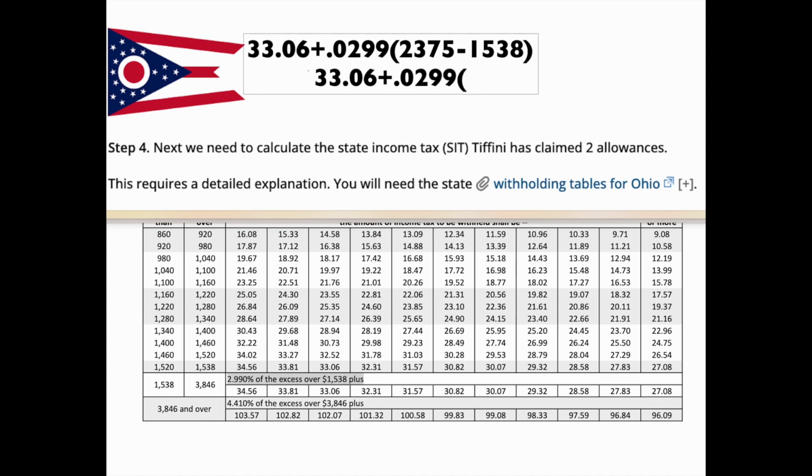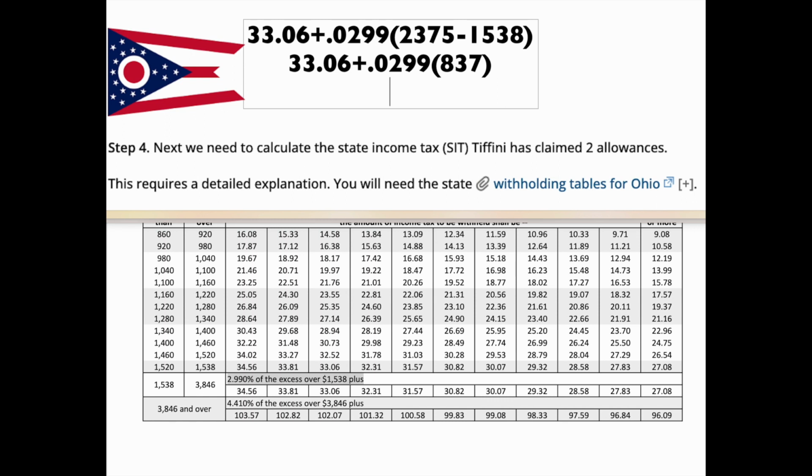So I'm going to find the difference between 2,375 and the 1,538. That's going to give me 837. That's what is in excess of the 1,538. And that's what we need to take the 2.99% of.